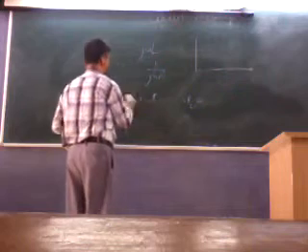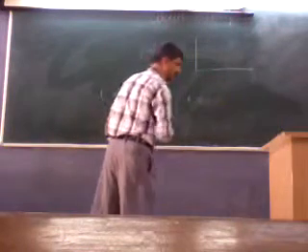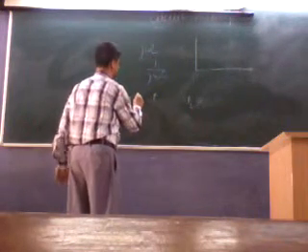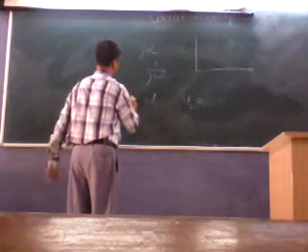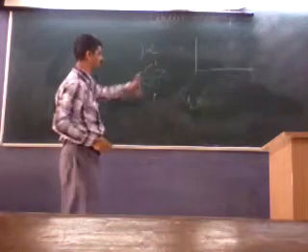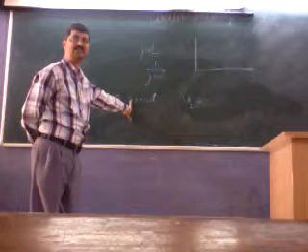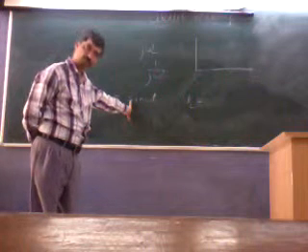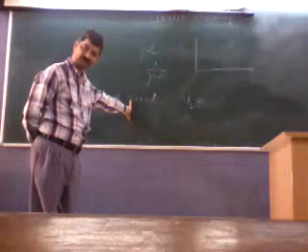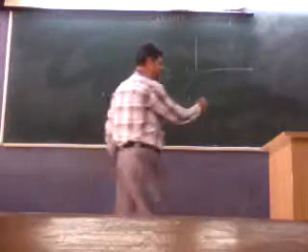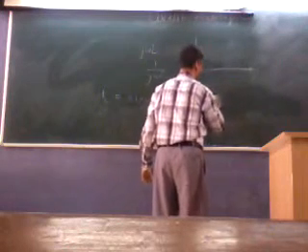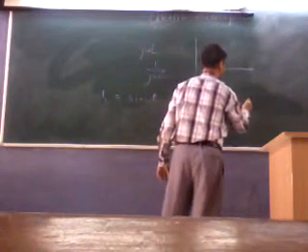For simplicity, I take it to be sine. So if it is sine, it doesn't matter, only thing is that some directions will change. If it is sin omega t, then its derivative is omega cos omega t, and L, so L will come, omega will come, and cos omega t will come.